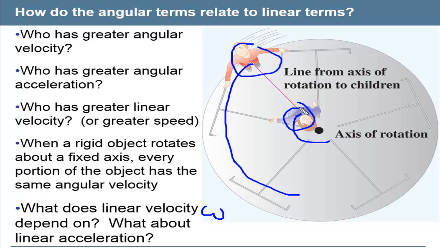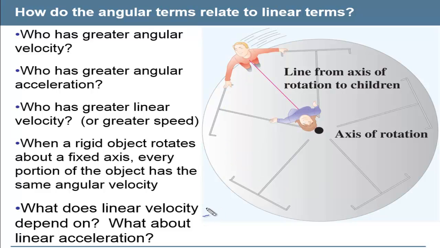So we also note that not only is it dependent on omega, but it's also dependent on how far away the person or particle is from the axis of rotation, so the radius r.